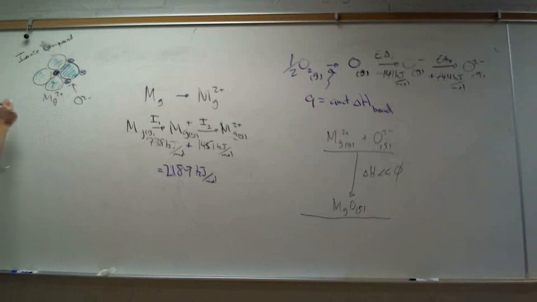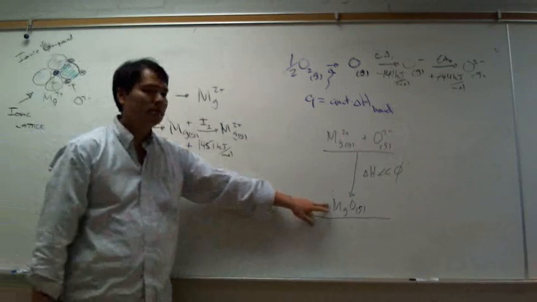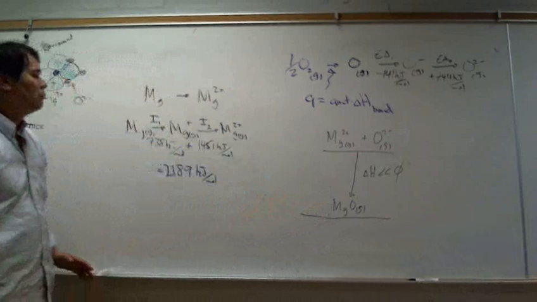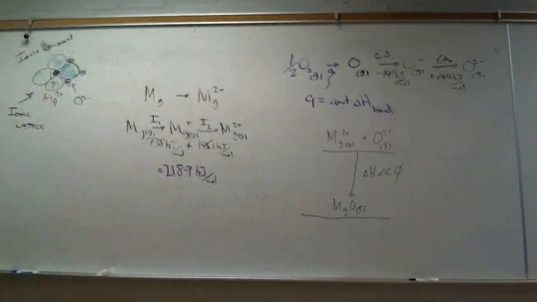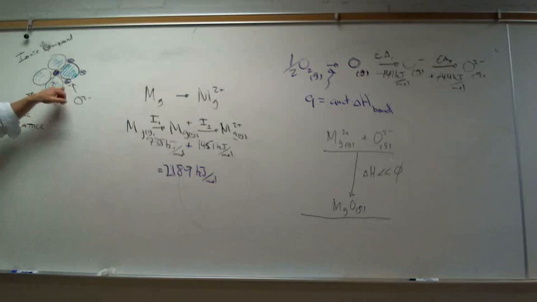Which I'm starting to draw here. And so this would be called an ionic lattice. Now, if I have a mole of magnesium oxide and I want to break the bonds, let's say I want to melt it, do I just need to break 1 mole of magnesium oxygen bonds?